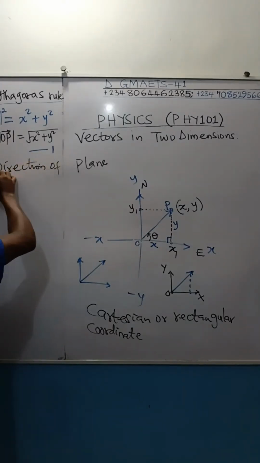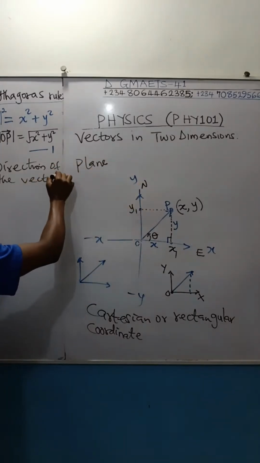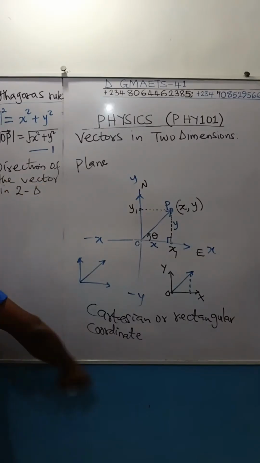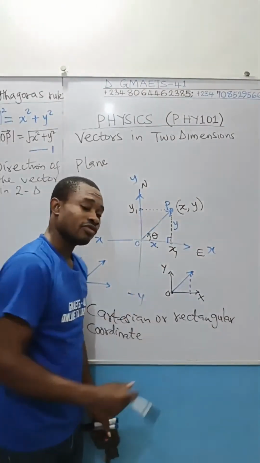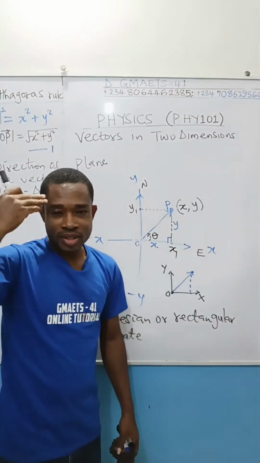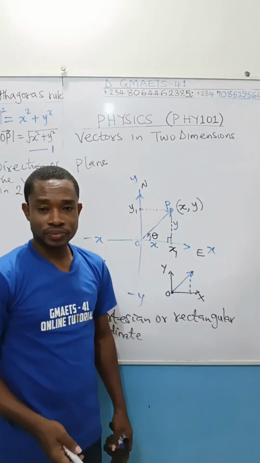Direction of the vector, this vector in two dimensions. Please take note: direction of the vector in 2D. So it is just for you to determine the value of this angle. And how do you get this angle? Of course, it's not something you cram unnecessarily. You have to understand it from basic trigonometric identity or trig ratio.